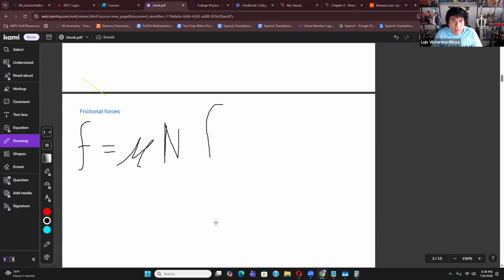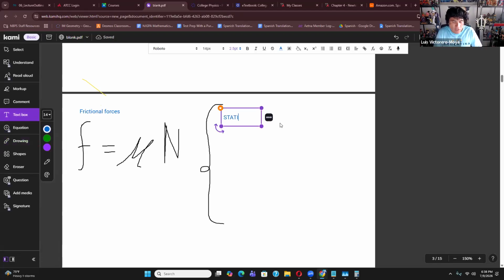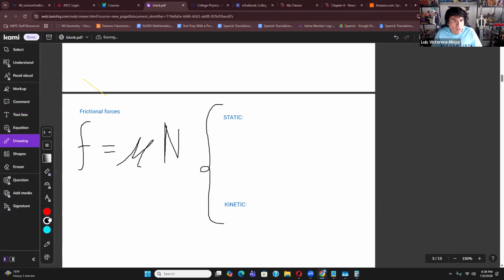And if we divide this into static friction and kinetic, the equations are Fs equals mu s times normal, and Fk equals mu k times normal.